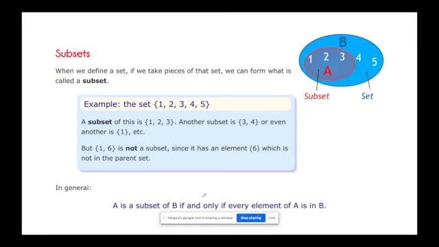Subsets. We spoke about a subset. Now let's see the actual definition of a subset. When we define a set, if we take pieces of that set, we could form what is called a subset. So a subset is a part of a set. A subset is included inside of a set.